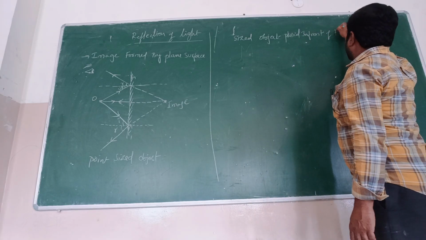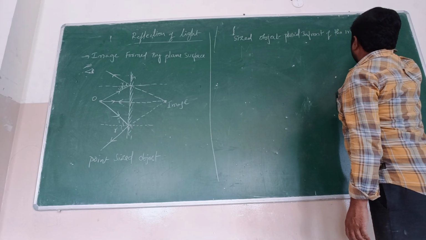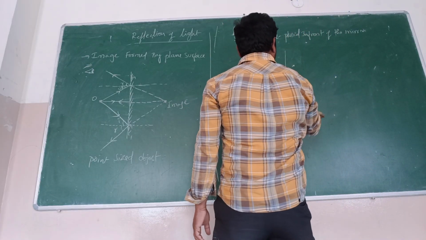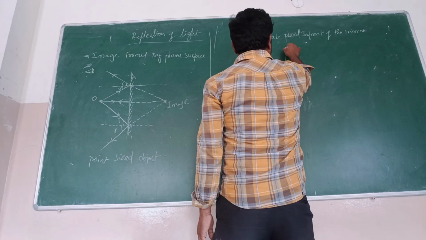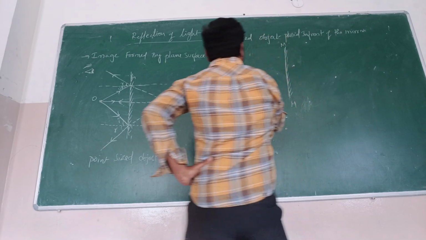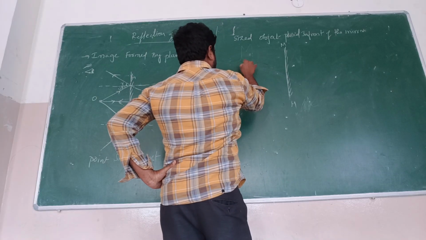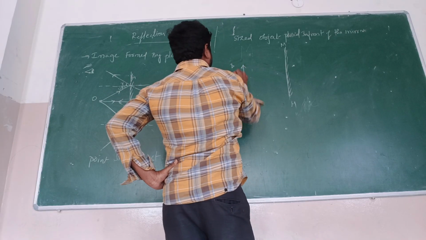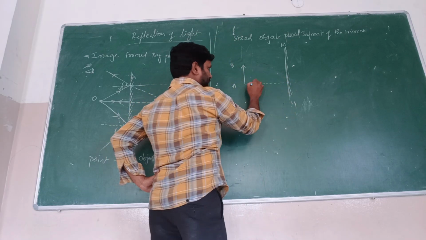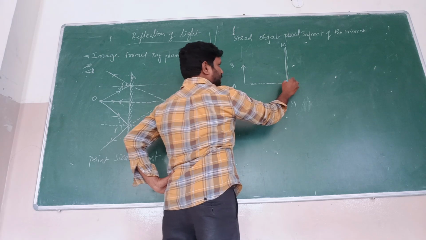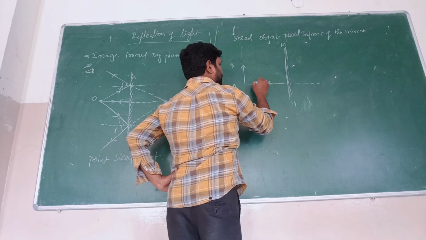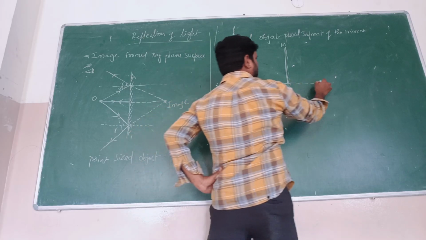In front of the mirror, the size of the object I placed is A and B. From this side, one light ray is incident perpendicularly on the mirror, so it comes back.